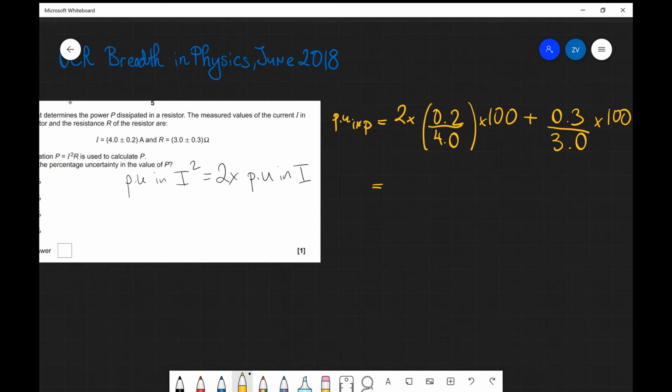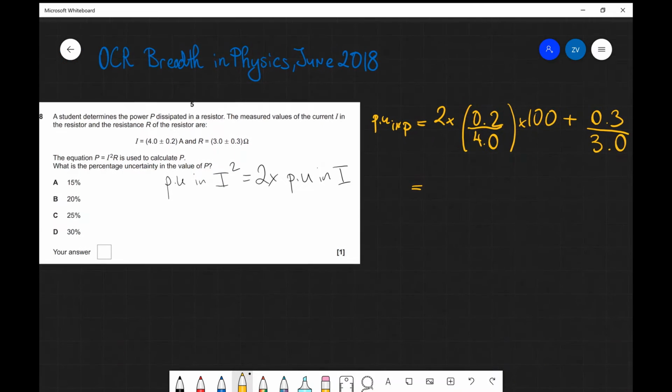So this over here, that's just equal to 10%, and the one on the right, that's also equal to 10%, or we could just input anything into a calculator just to be sure, but the correct answer is B, which is equal to 20%. So the correct answer is B, 20%.